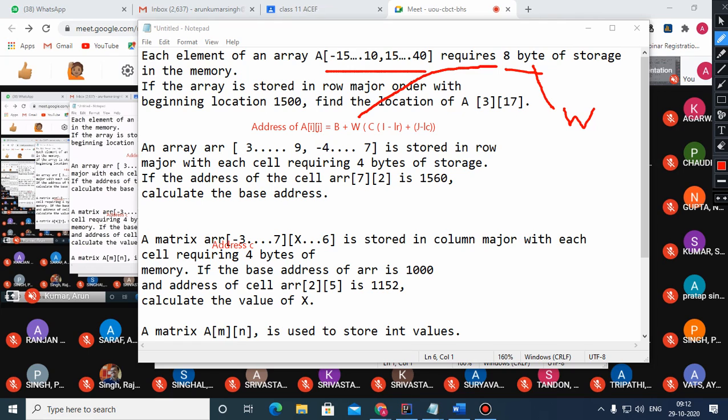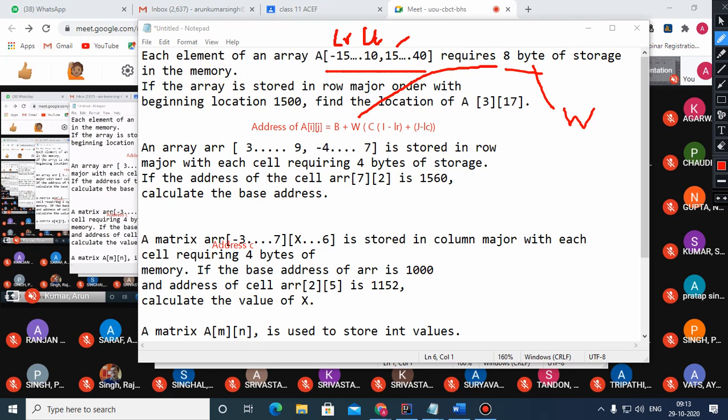Now here you can see that the array is defined like this. It is minus 15 up to 10, and then comma, then 15 up to 40. So actually, children, this is the lower limit of the row, LR, and this is the upper limit of the row, which is UR.